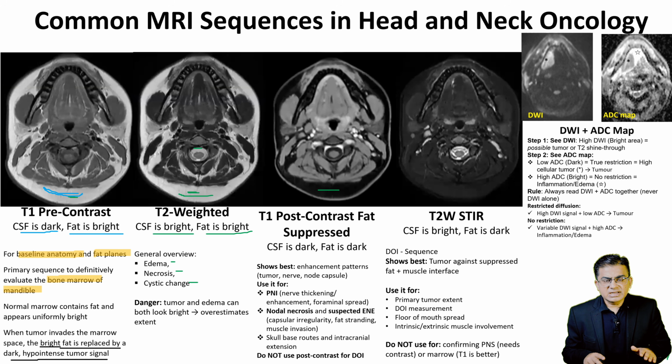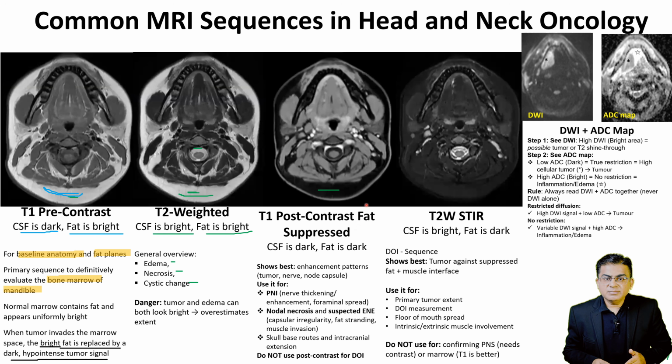However, it has a major limitation in oral cavity. Because the surrounding fat remains bright on standard T2, it completely lacks the necessary contrast to accurately delineate the primary tumor margins. You cannot accurately stage the primary tumor with this sequence alone. You must use fat suppression.